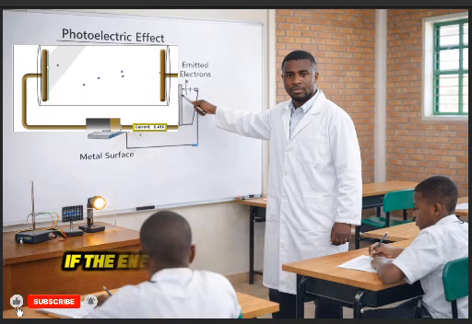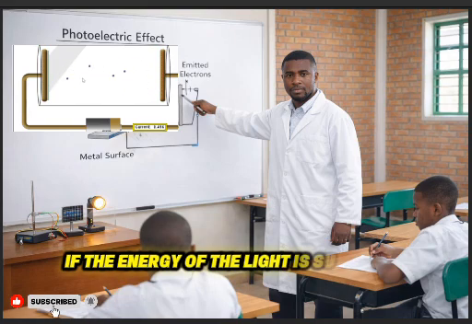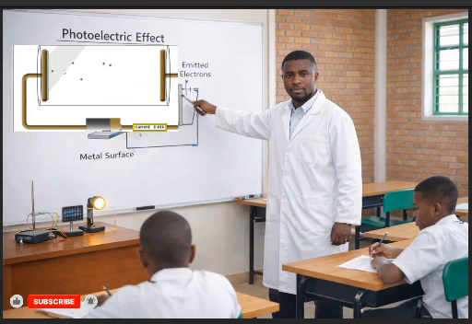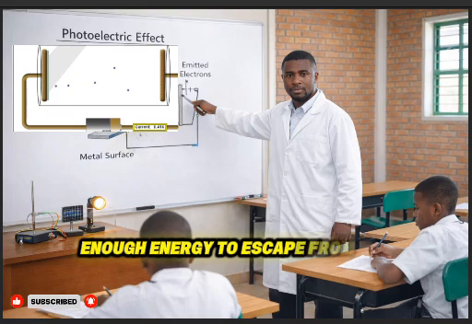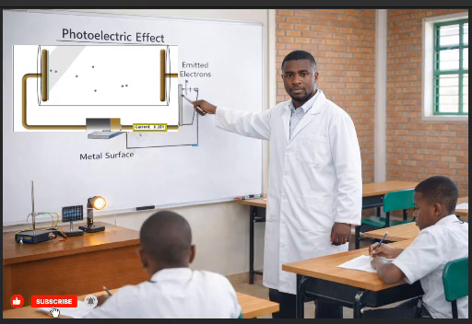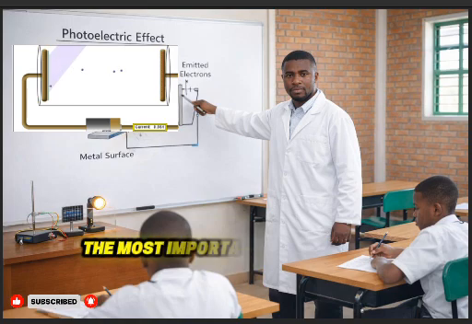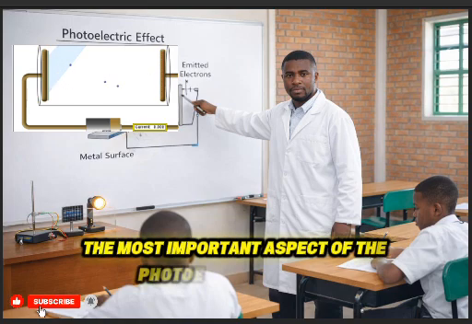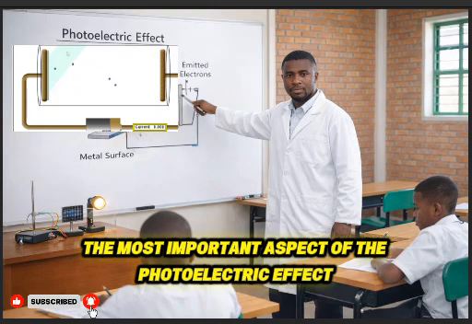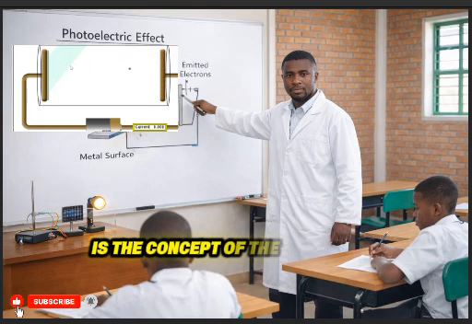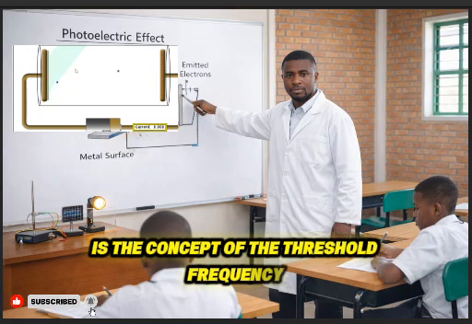If the energy of the light is sufficient, some electrons gain enough energy to escape from the surface. The most important aspect of the photoelectric effect is the concept of the threshold frequency.